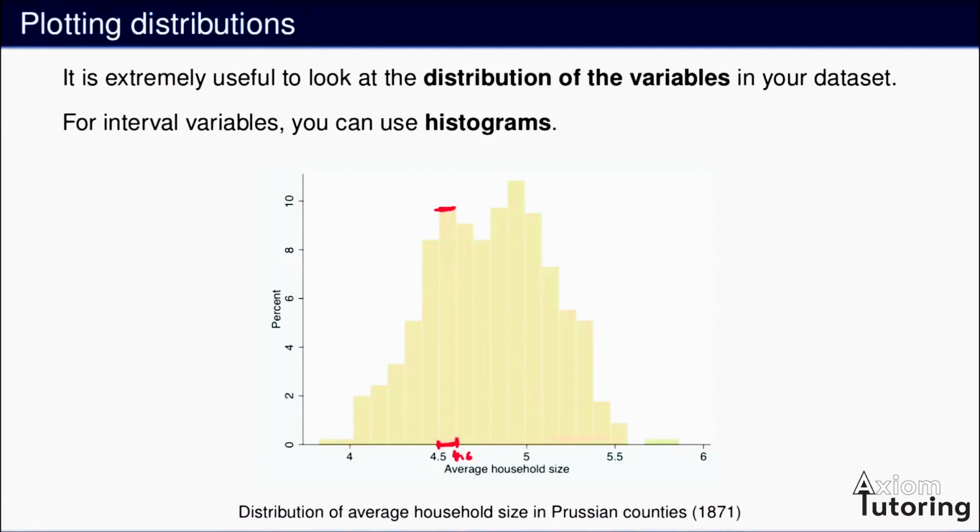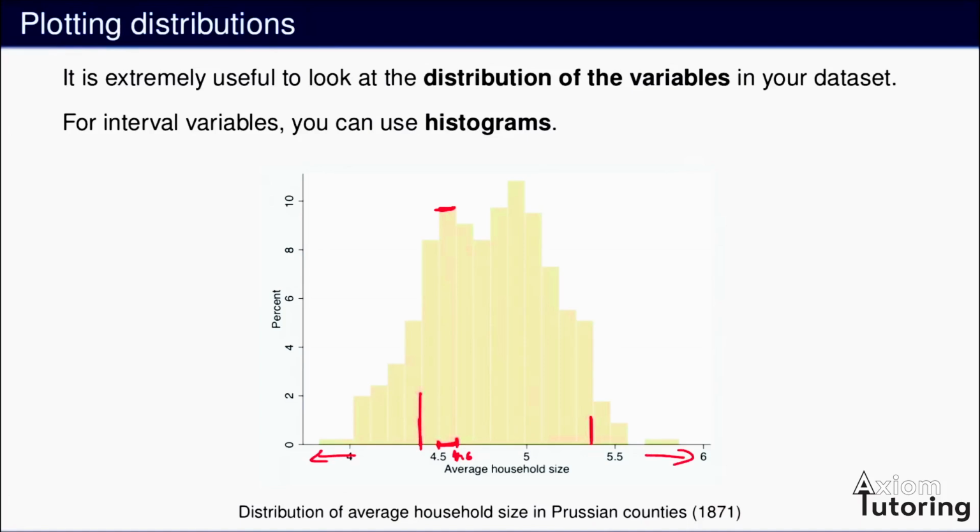So here, for instance, we can see that most of the data seems to be concentrated between maybe something like 4.4 and 5.4 approximately. And then the tails of the distribution, so that means the extremities of the distribution, are relatively small.